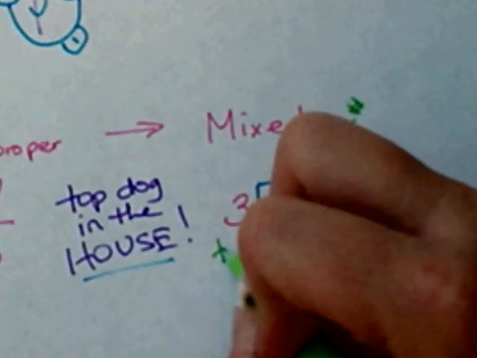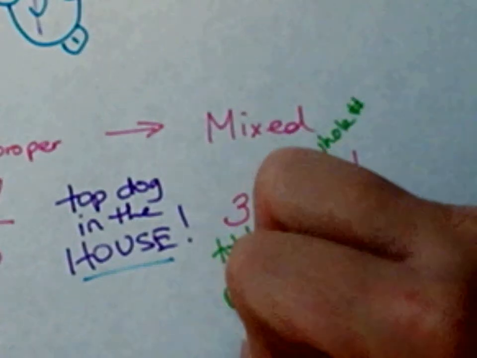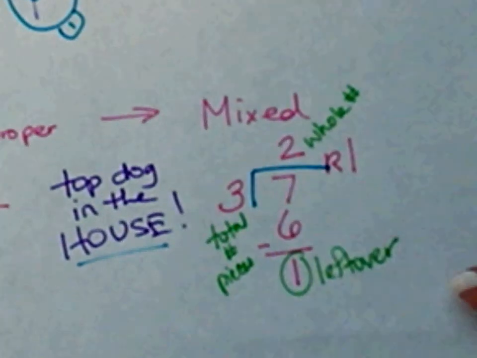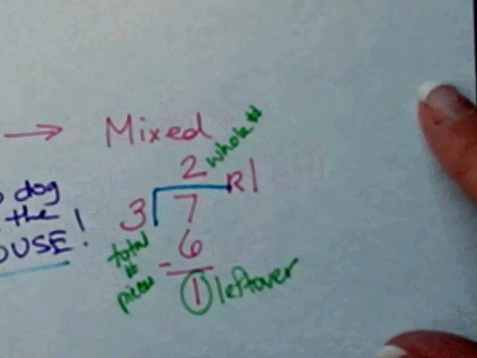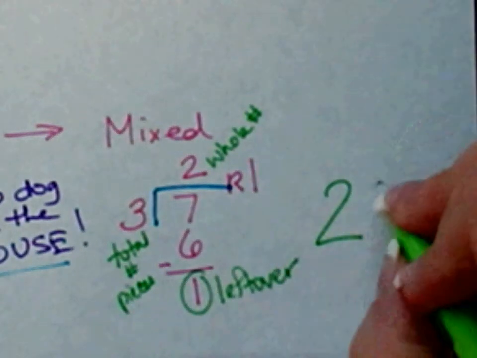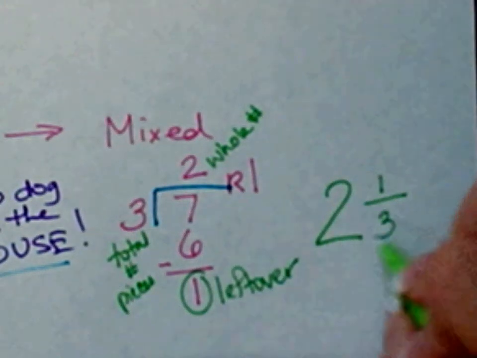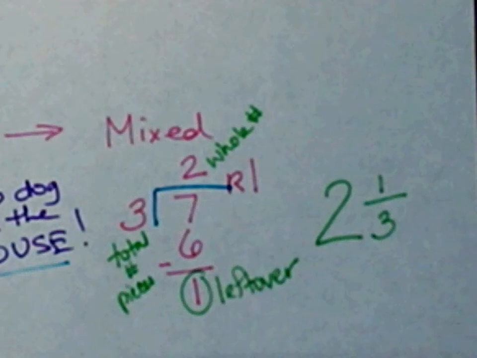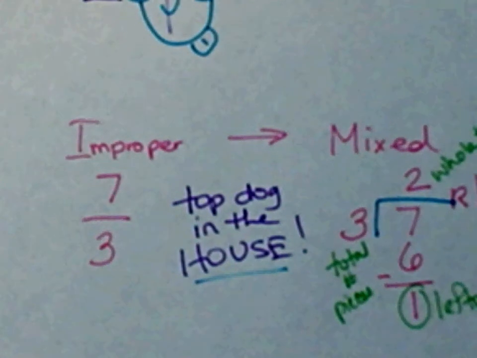My 3 was my total number of pieces. So when we make a mixed number, we're going to take the whole, which is our 2, my leftover, or when we're talking about fractions, our part over our total. So 2 1/3 is the same as 7/3.